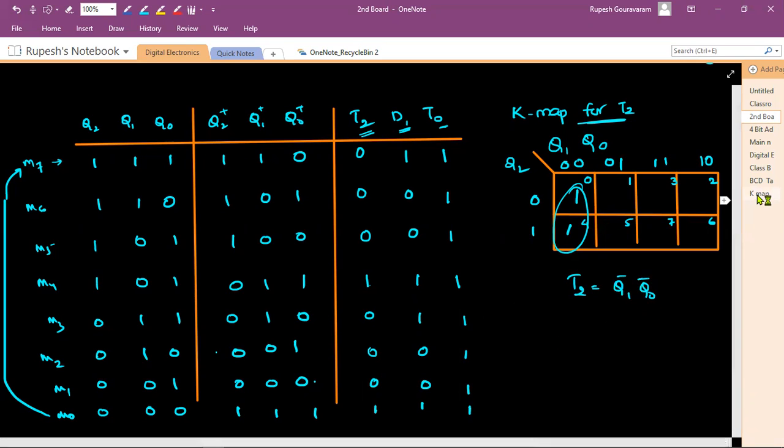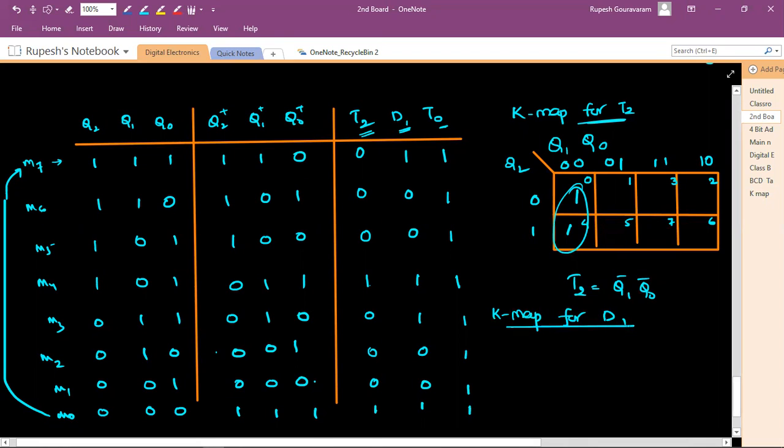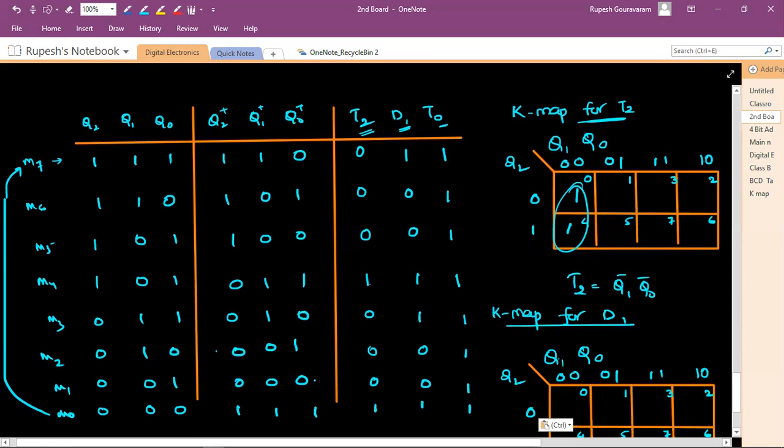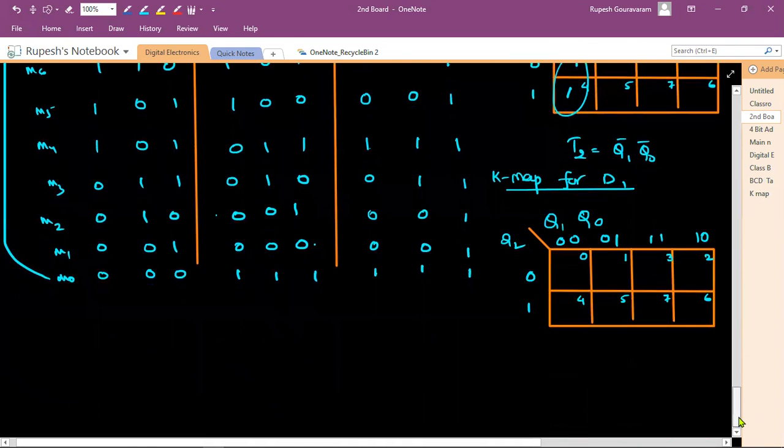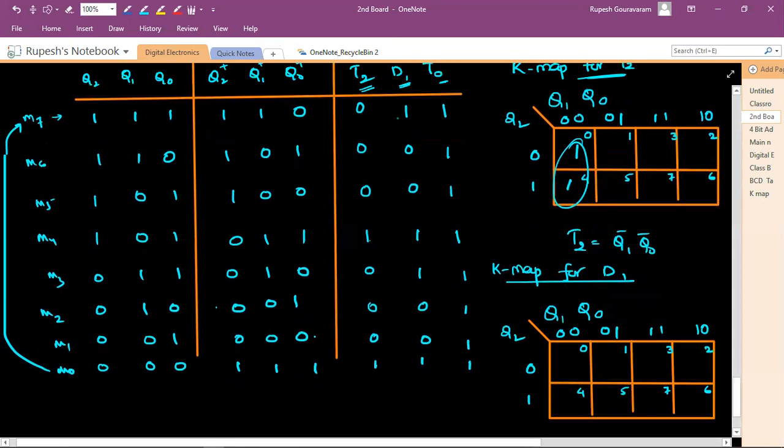If you apply the same thing to find the K-map for D1. Observe, D1 is becoming 1 for M7, M4, M3, M0.